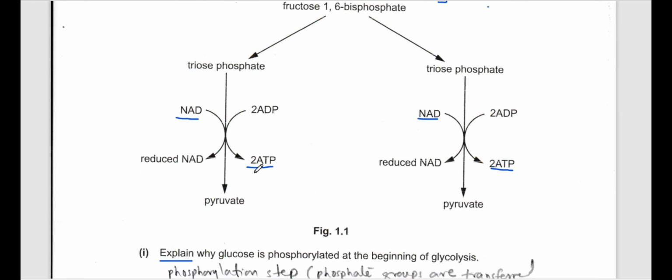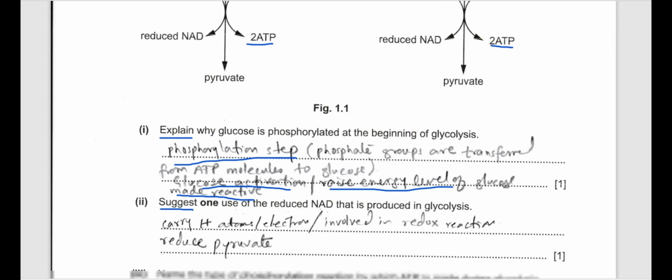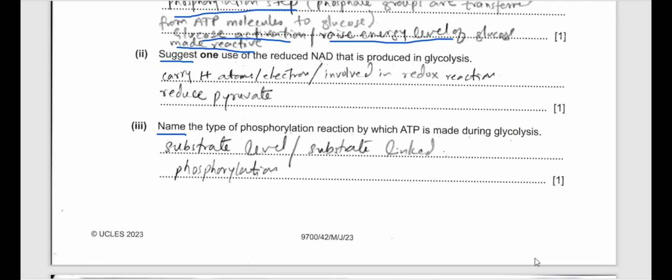We are getting 2 and 2, 4 ATP molecules at the end of glycolysis, but our net payoff will be 2 ATP molecules because 2 ATP molecules have already been utilized at the start of the pathway in order to activate the glucose molecule. So name the type of phosphorylation reaction by which ATP is made during glycolysis.